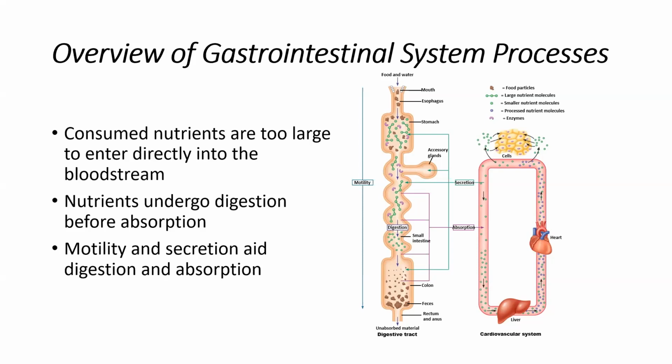But we're moving substances into the lumen in order to aid that digestion and absorption. And in the case of mucus, that's going to help to lubricate the movement as well. In the case of digestive juices, that's going to help to break down some of those food particles into those micronutrients. So motility and secretion are important in aiding digestion and absorption.